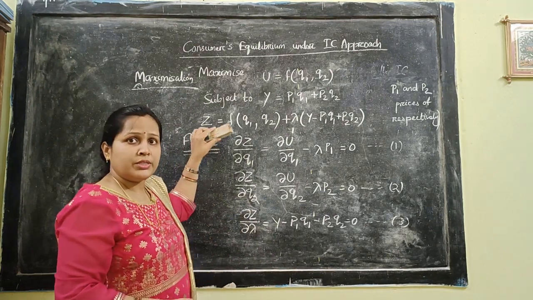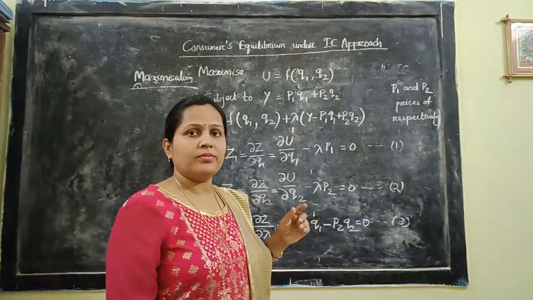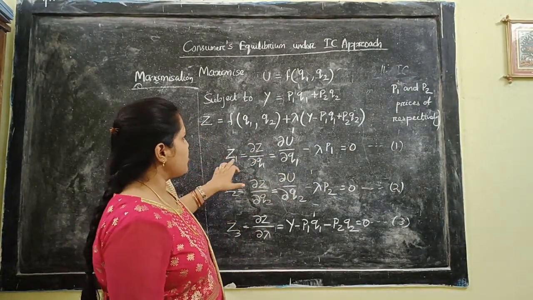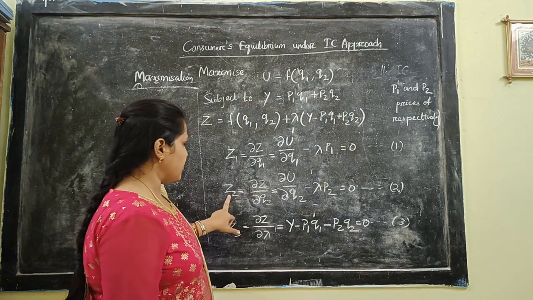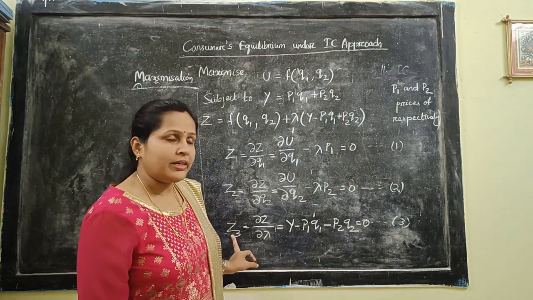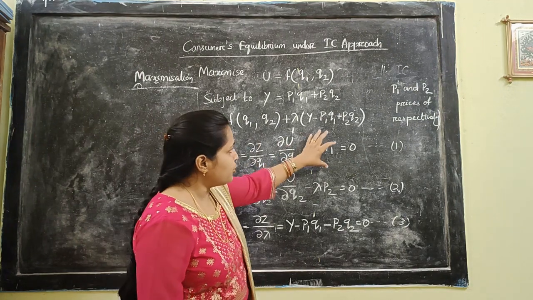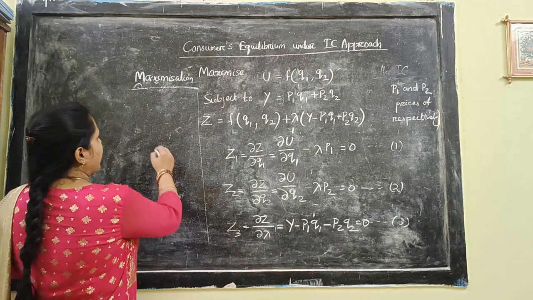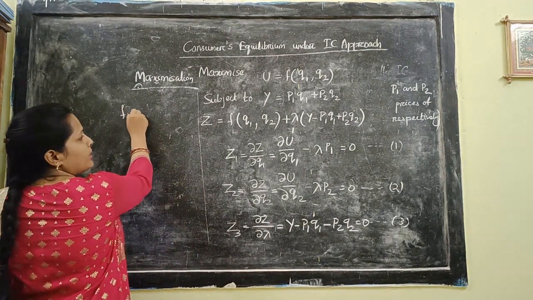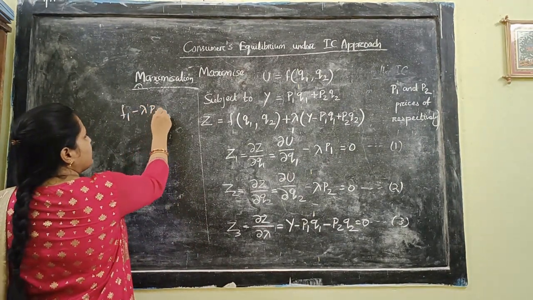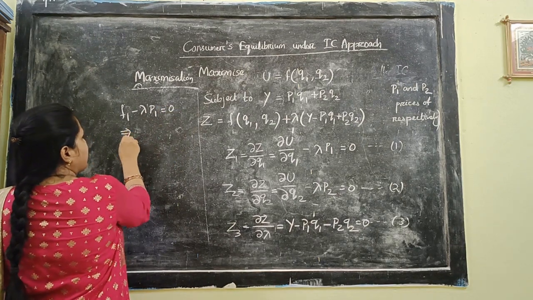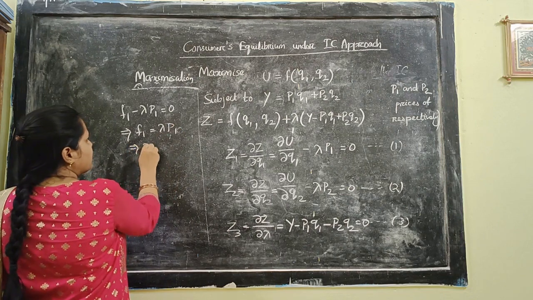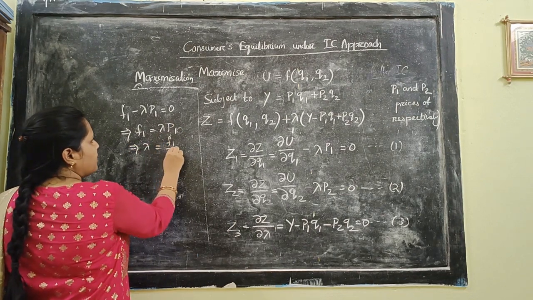So before erasing, let me denote the first equation as Z1, the second equation as Z2, and the third equation as Z3. From Z1, the first equation, what we are getting is F1 minus lambda P1 is equal to 0. This implies F1 is equal to lambda P1, or lambda is equal to F1 by P1.